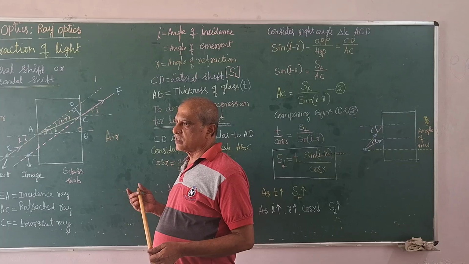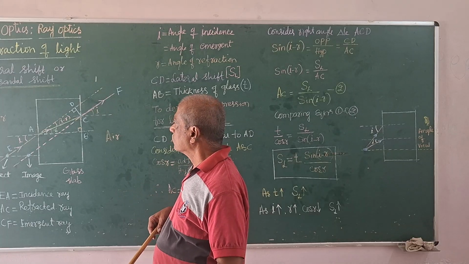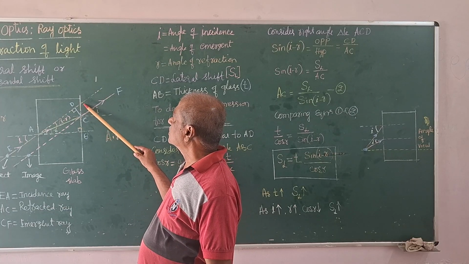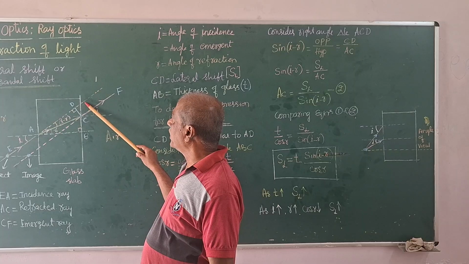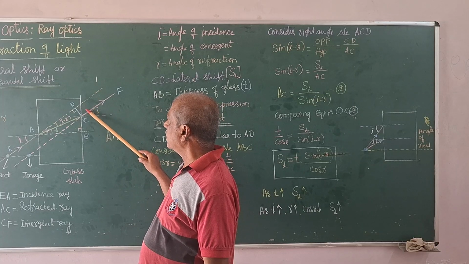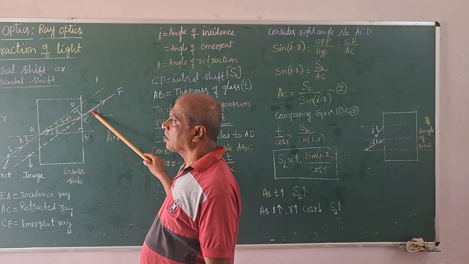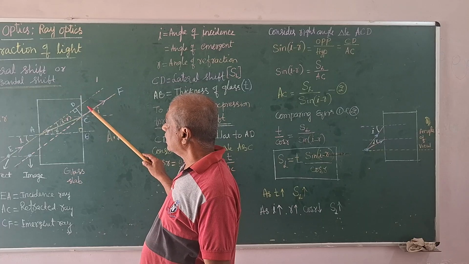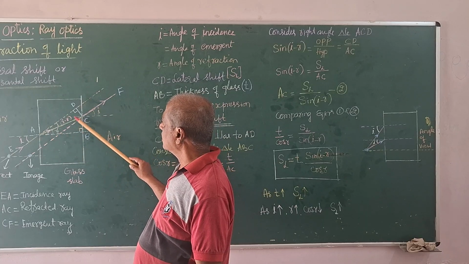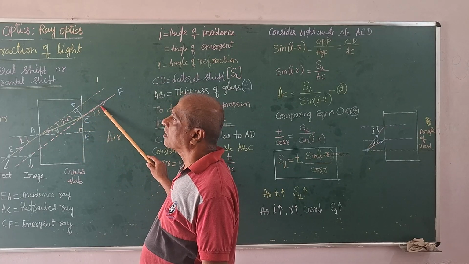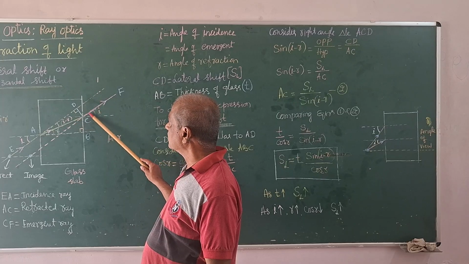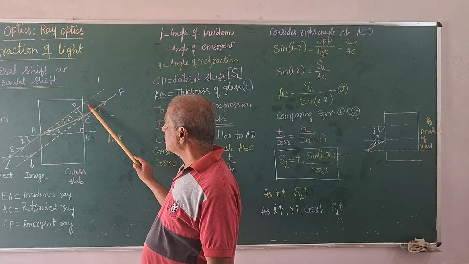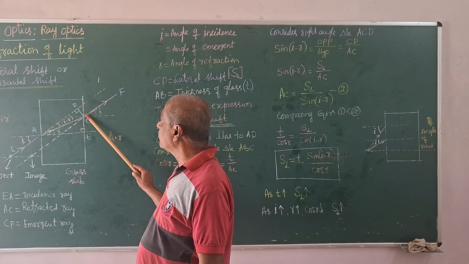Why is it called lateral shift? This line is shifted sideways in parallel. This line and this line remain parallel. There is no difference in direction, the direction remains the same. It remains parallel but is shifted sideways.